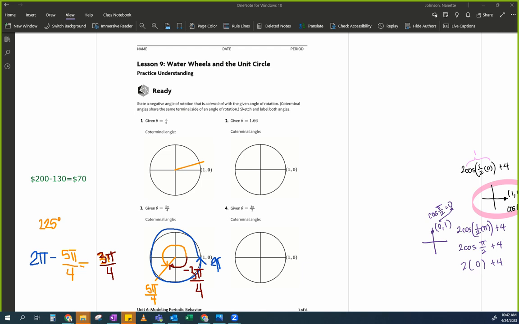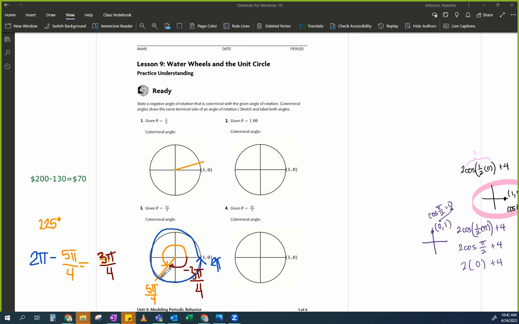Good. Now I'm going to make your brain work a little bit harder. What if I said, I want another coterminal angle to this? And you're like, you want another one, Ms. Johnson? Yeah, I want another one. Can you come up with another one, Ms. Johnson? Is it possible? Yes, since we are going quote unquote backwards or the opposite way, yeah, it's negative.